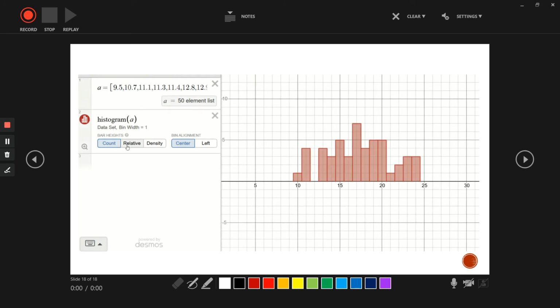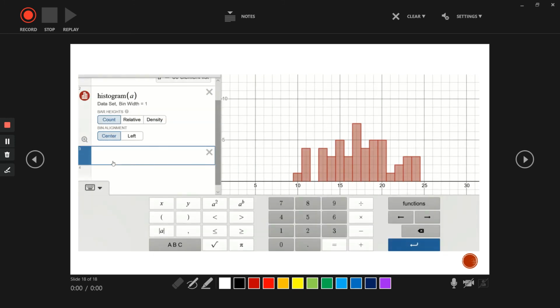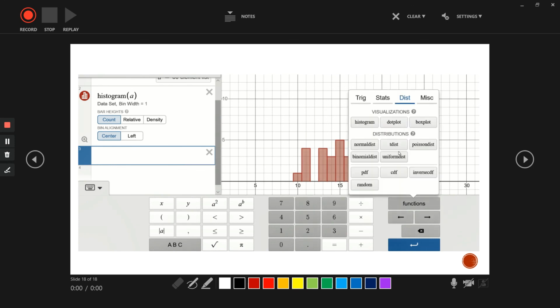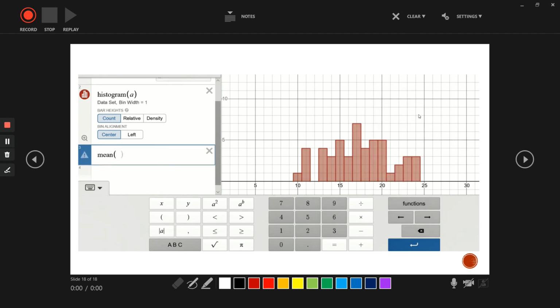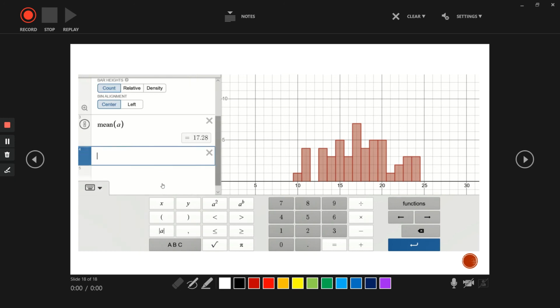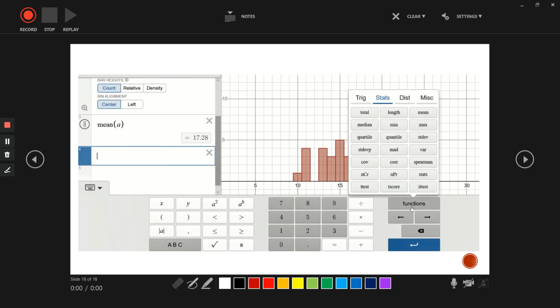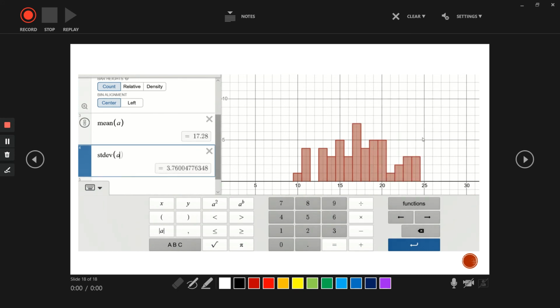All right. So what I'm going to do now is come over here and figure out what my mean is. So my mean is 17.28 there in the middle, and now I'm going to figure out what my standard deviation is.